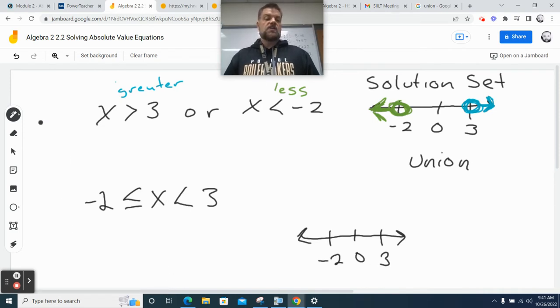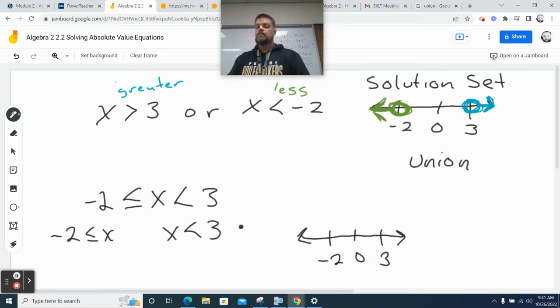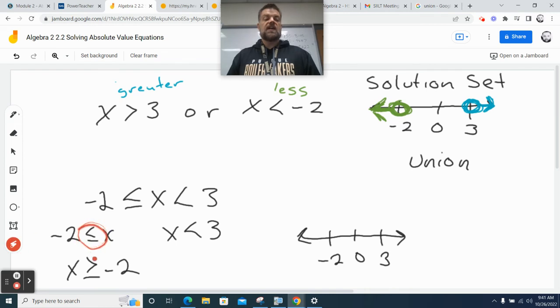What I should note is that I could break this up into -2 is less than or equal to x, and then I could say x is less than 3. Now, the other part about this is that this can be written as x is greater than or equal to -2. Notice that here the inequality symbol is pointing towards the -2.